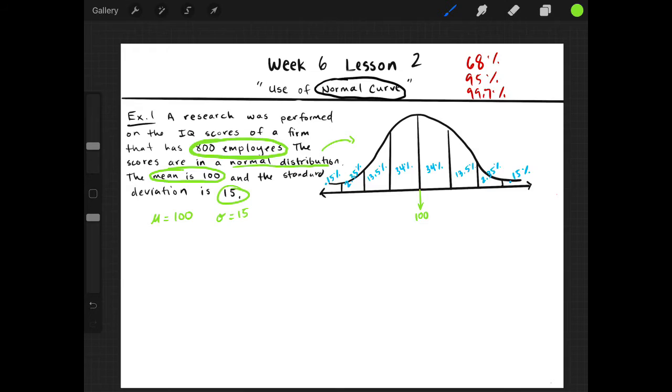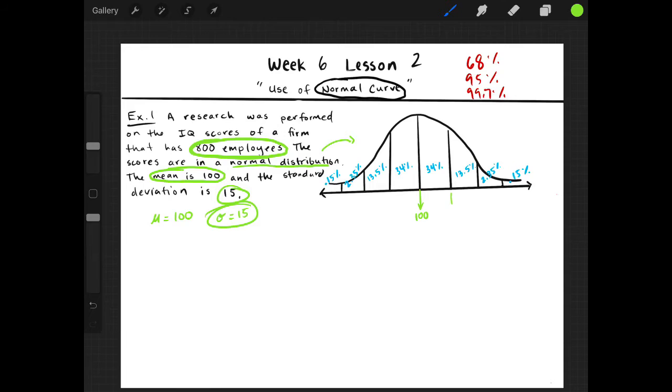If you remember, this is telling us the percentage of data within a certain number of standard deviations. So we're going to use the standard deviation of 15 to fill in the rest of our table. As you jump to the right, we're adding standard deviations. As you jump to the left, we're subtracting.